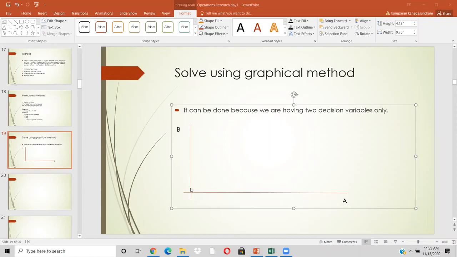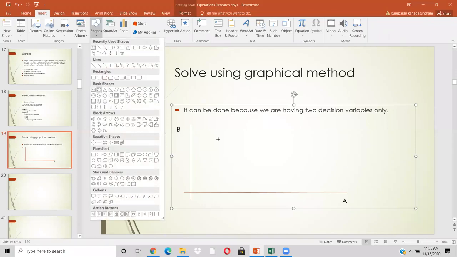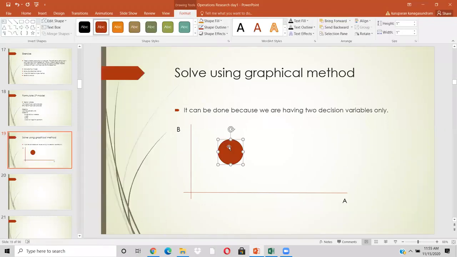Similarly for A, the left side of this axis will be negative values. So by non-negativity, the only feasible region is this part, this area.